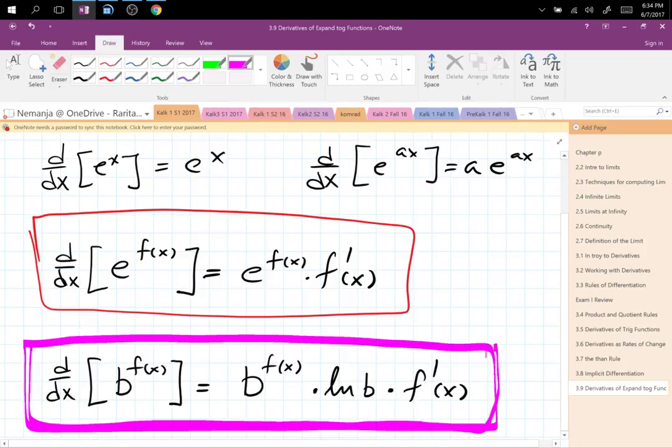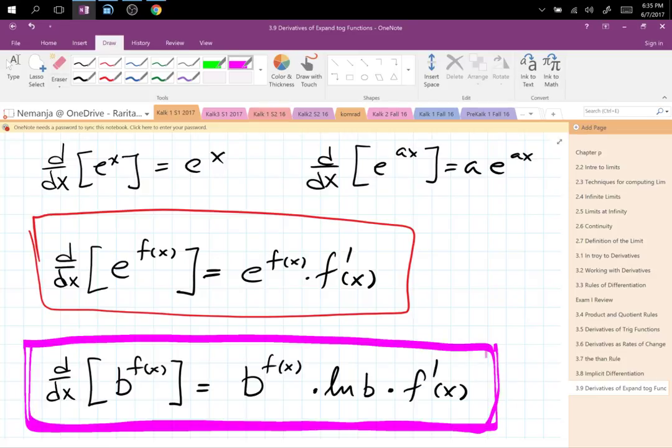What happened? ln. Natural log. B is any base. Like 2. Yes. Or 3. Yes. Or 4. Very good.